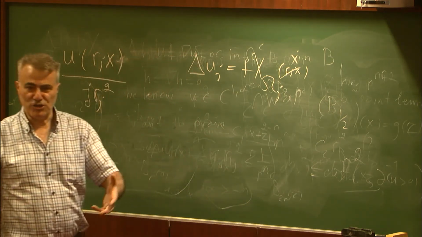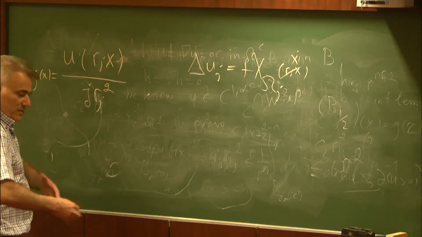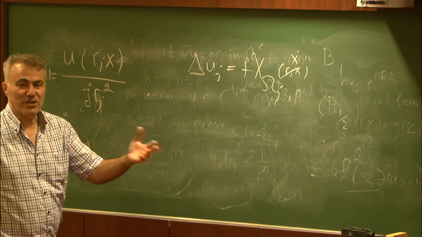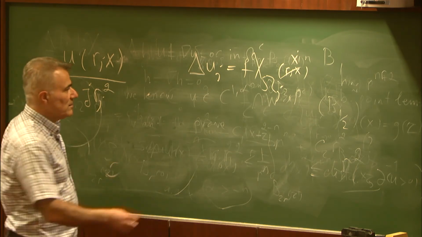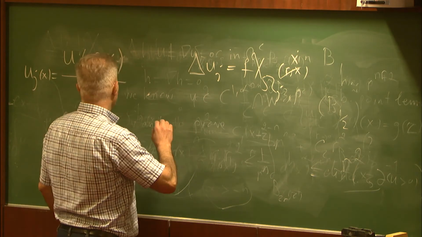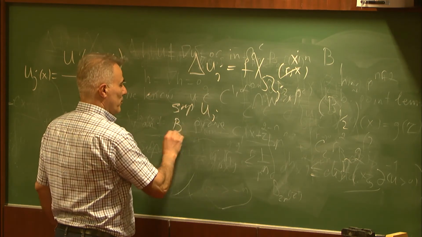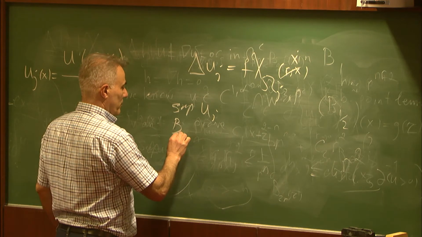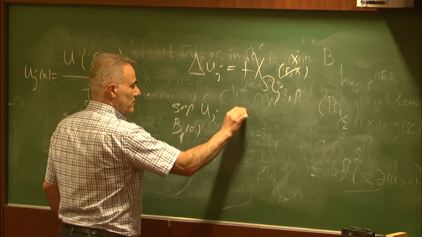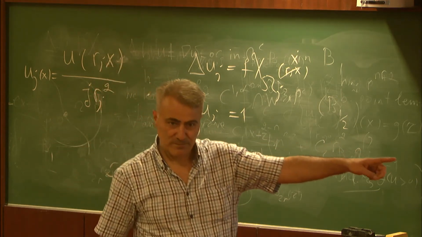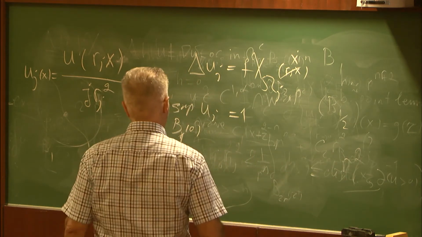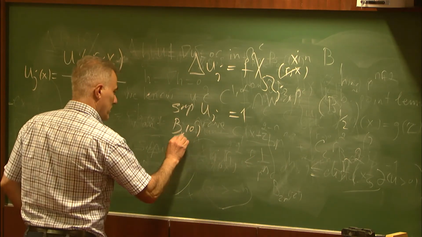So that's the state version. Just state it, you don't care what it is. And then uj supremum over the ball of radius 1 is 1, according to what I wrote there.